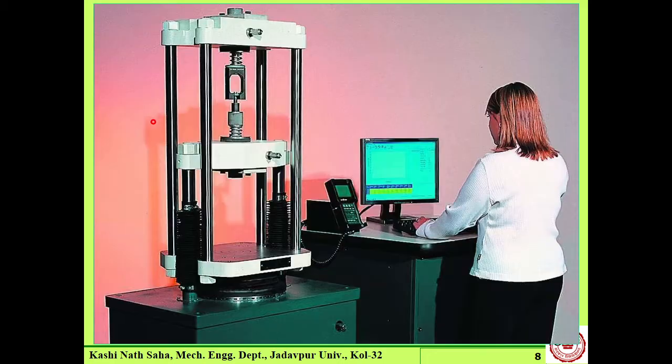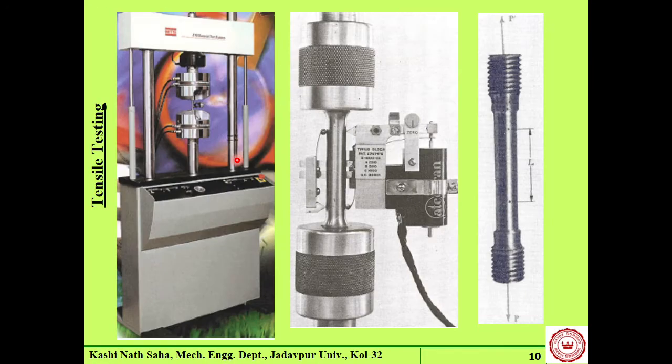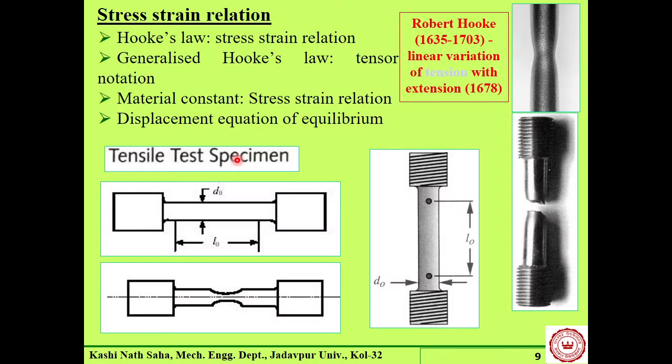Now, here you see in this tensile testing machine, the first thing we need is a specimen for the tensile test of the particular material for which we are going to establish the material property. In general, the test specimens are not arbitrary.